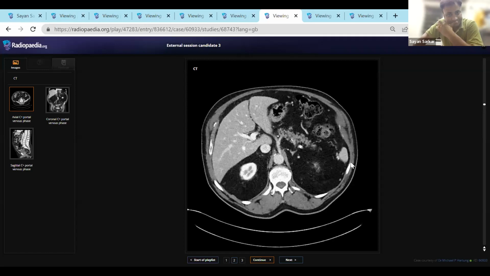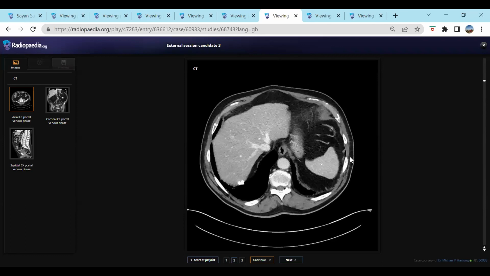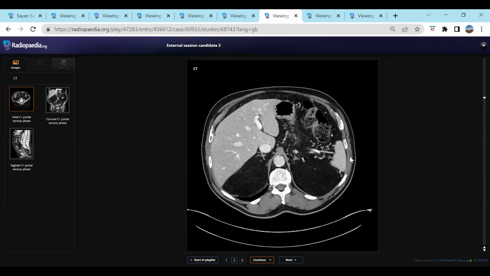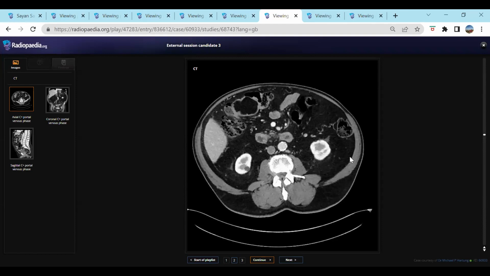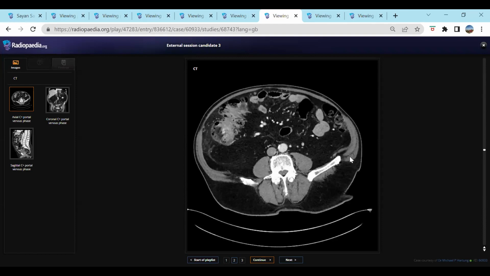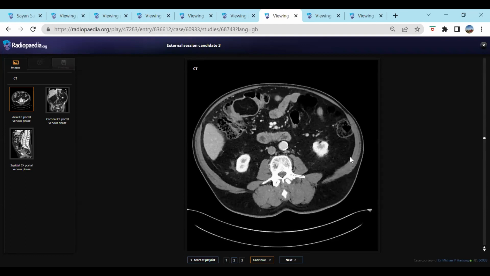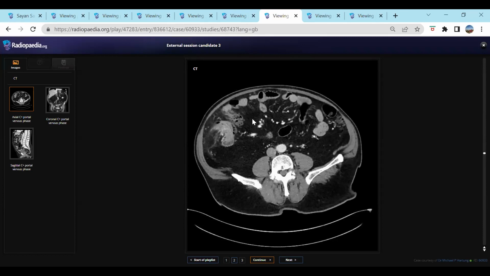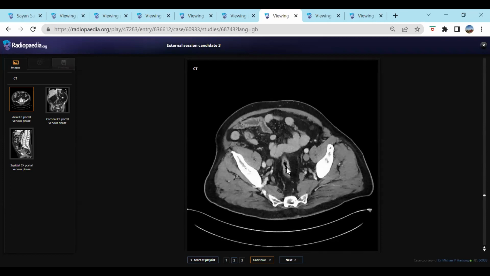So I'm provided with the CT scan of the abdomen, and I could appreciate there are some calcifications, probably pleural calcifications, and the liver appears unremarkable, no obvious mass. In the right side of the colon, I could appreciate a fat density lesion, which likely suggests a lipoma. The rest of the ascending colon also shows thickening and surrounding fat stranding.